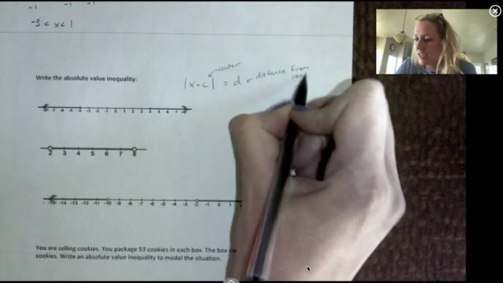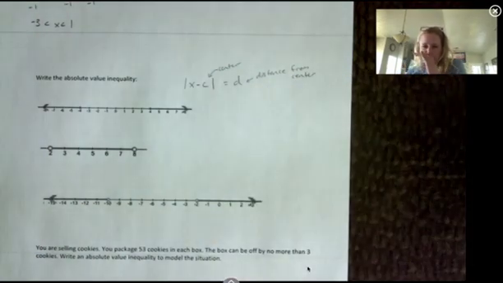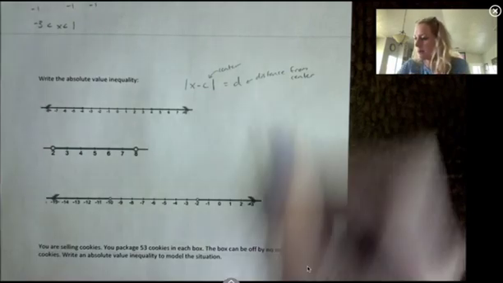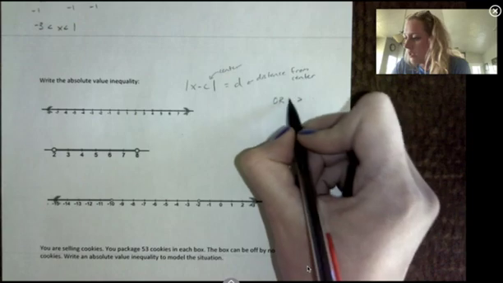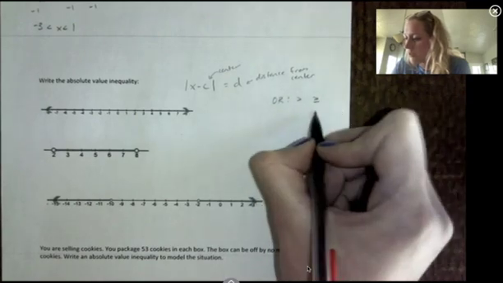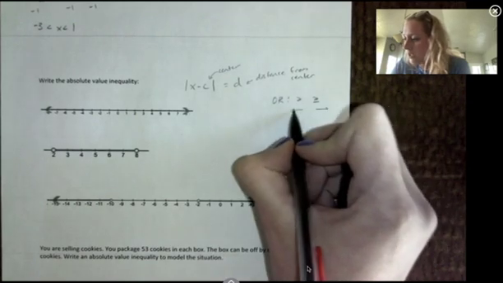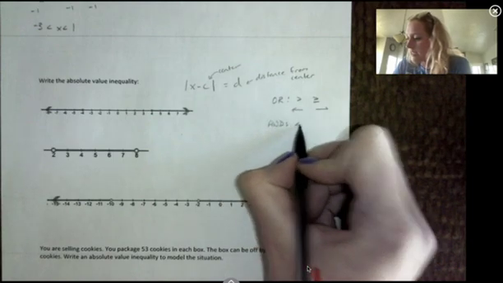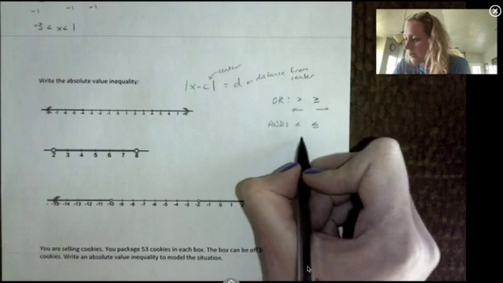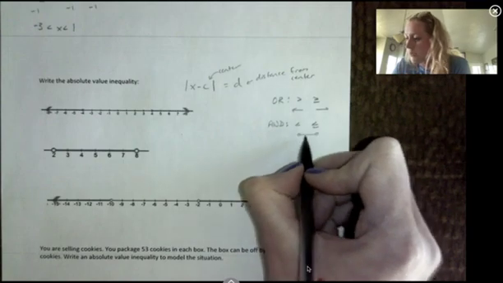Okay, but now we're adding in the and the or piece. So if it's or, it's going opposite. So or is greater than or greater than or equal to, and the arrows go this way. And if it's and, it's less than or equal to, and the arrows are between.